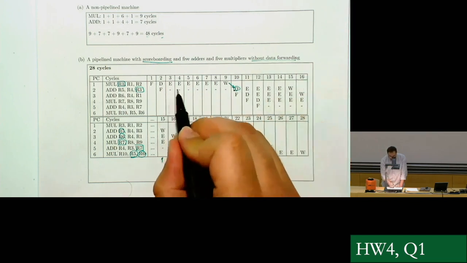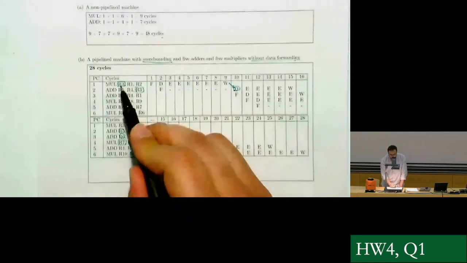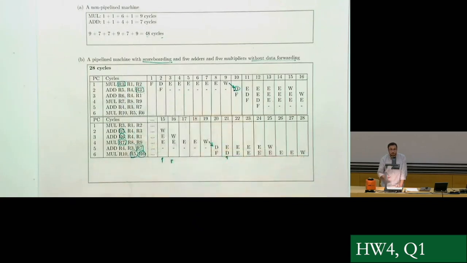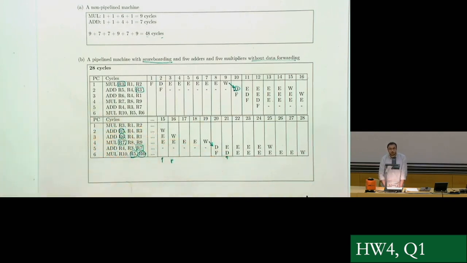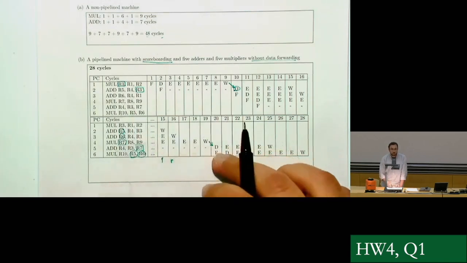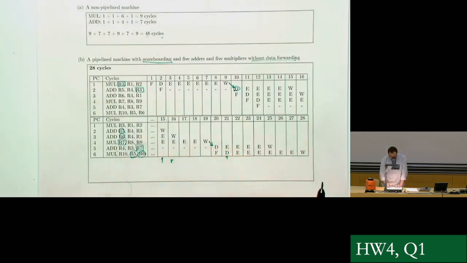But you need to finish the execution to understand what is the value of R3. Yeah, but in the decode, you read from the register file, right? So you fetch the instruction from instruction cache, and then in the decode, you read the operands. Yeah, so you need to fetch the operands from register file in the decode stage, yes.